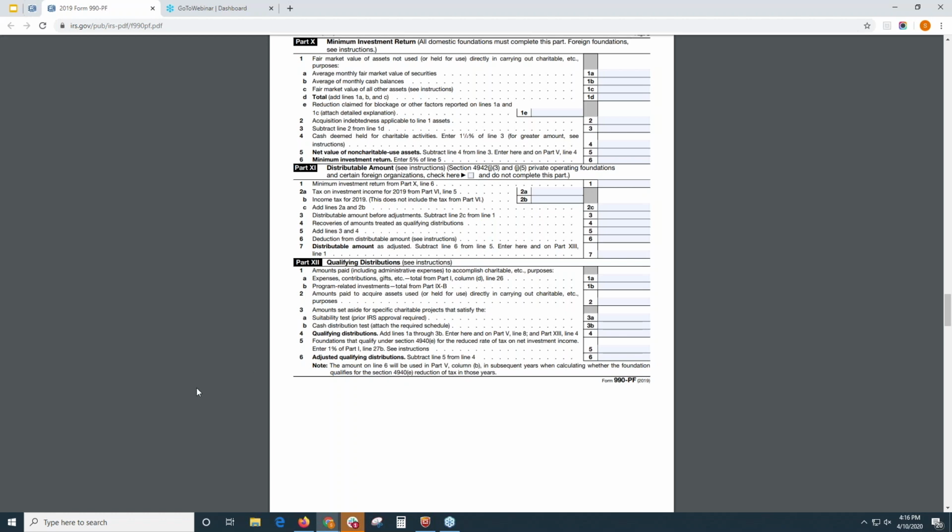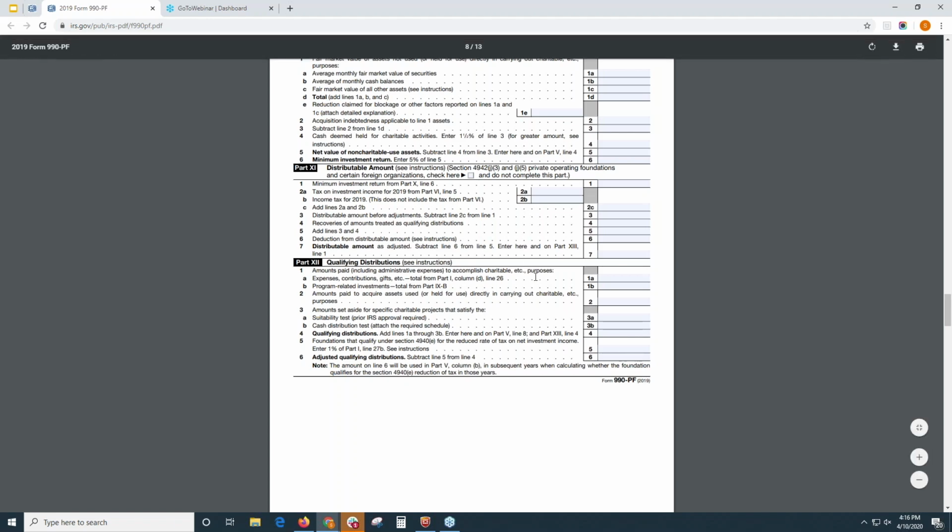Qualifying distributions are amounts spent or set aside for religious, educational, or similar charitable purposes. The amount of qualifying distributions for any year is used to reduce the distributable amount for specific years to arrive at undistributed income for those years.